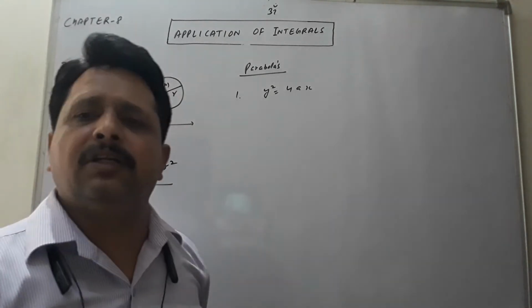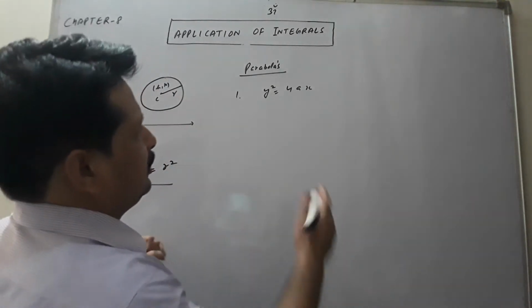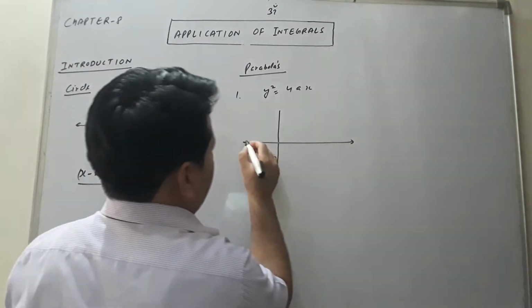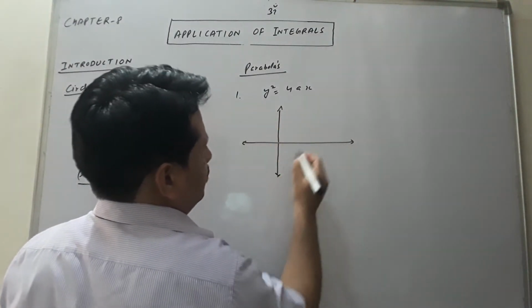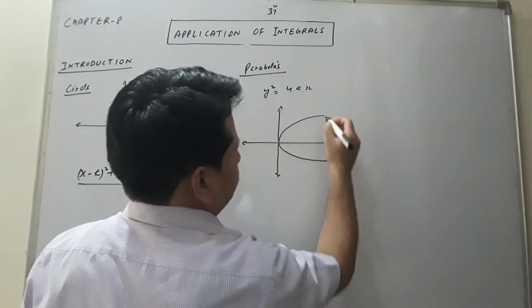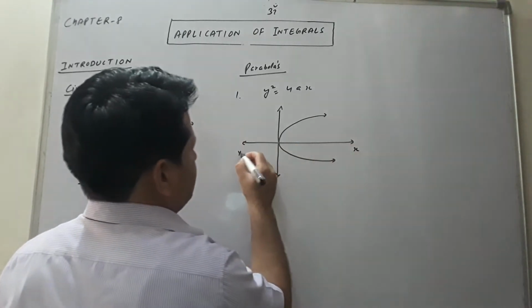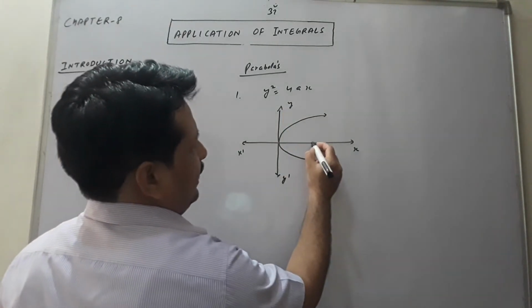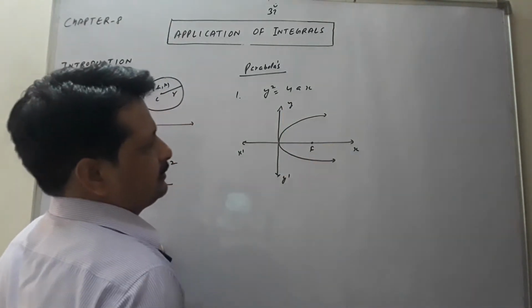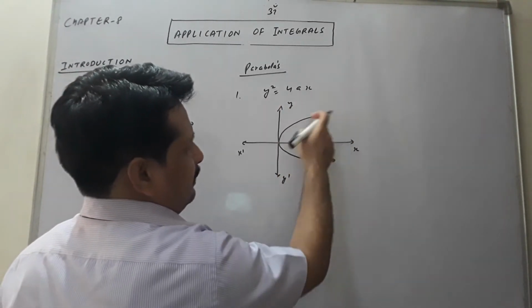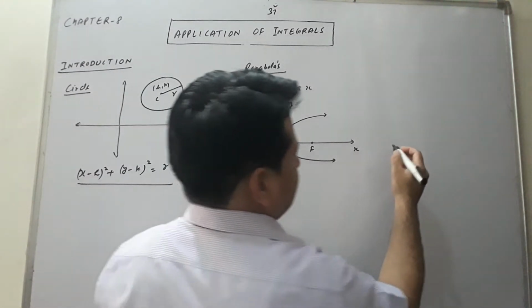So you must have the knowledge: when y square is equal to 4x, then this type of parabola is there, students. That is, the parabola is toward the x-axis. This is x, this is x dash, this is y, y dash. This is the parabola. Here this is the focus. So y square is equal to 4x, the parabola is toward the x-axis.